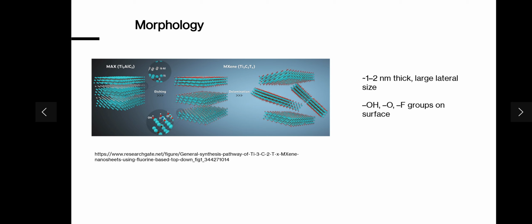Lateral dimensions of these sheets can vary depending on etching and delamination methods, but often reach micron scale sizes of around 1 to 10 micrometers, especially when mild etching and careful delamination are employed.